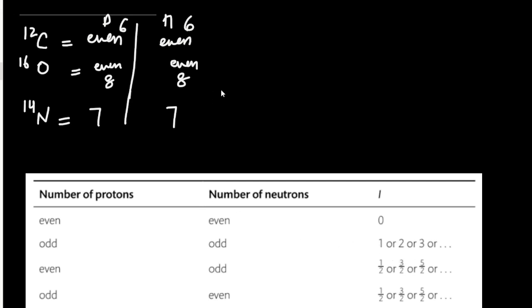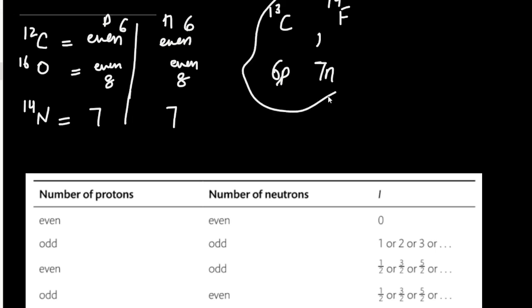Take an example of carbon 13, because it is important, and F 19. Carbon 13 has 6 protons and 7 neutrons. In this case, we have an even number of protons but an odd number of neutrons.